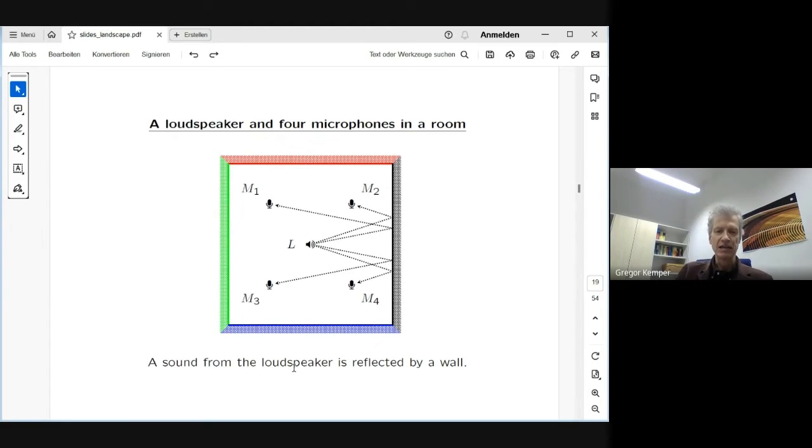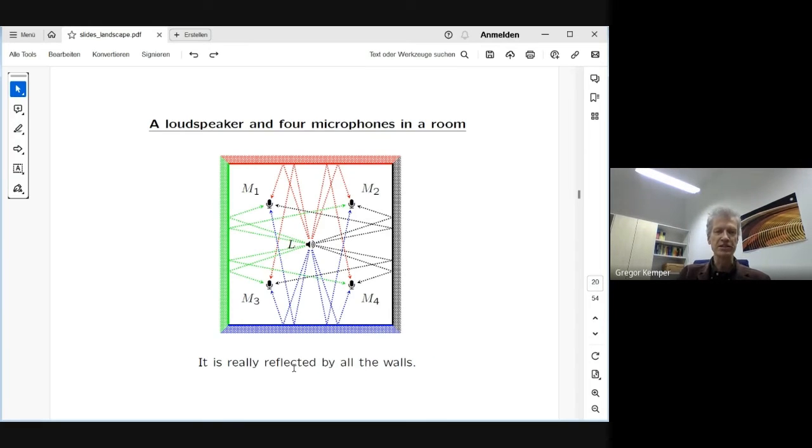The loudspeaker sends out some sound, probably a high-pitched and short duration sound, so that ray optics can be used. The sound bounces off the walls and then gets received by the microphones. We assume that they know when the sound was sent, so they measure when they hear it. So in effect, they measure the distance traveled by the sound. That's what the microphones can do.